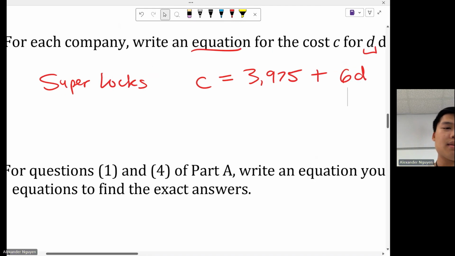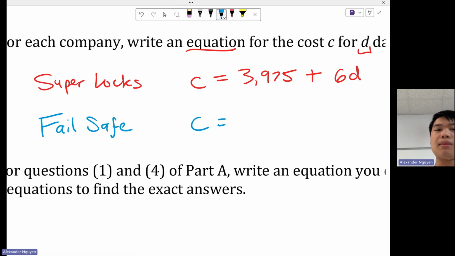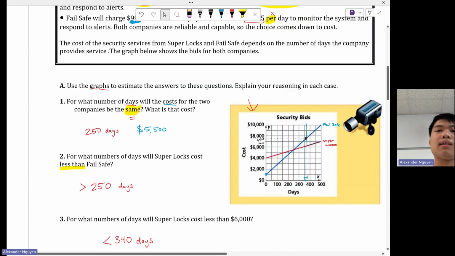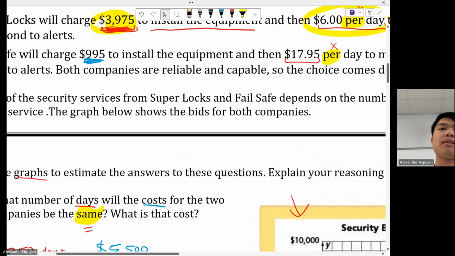Secondly, here we have Failsafe. Our cost is going to equal that one-time fee plus the cost of each day, so $995 to install the equipment. And then we have $17.95 per day.